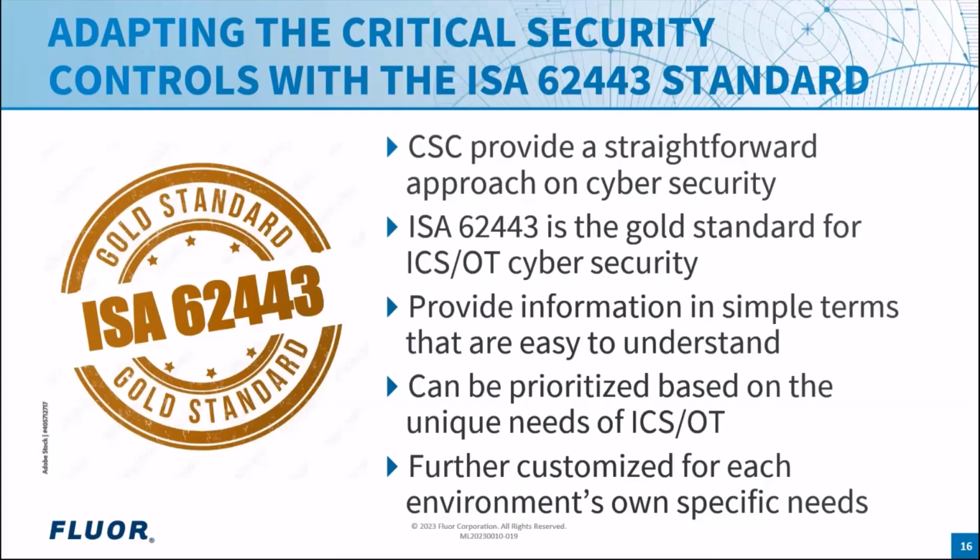If I have a nuclear power plant, it has different security needs than a traditional power plant, which has different needs from a petrochemical facility, which has different needs from a refinery, and so on and so on. You get the idea.